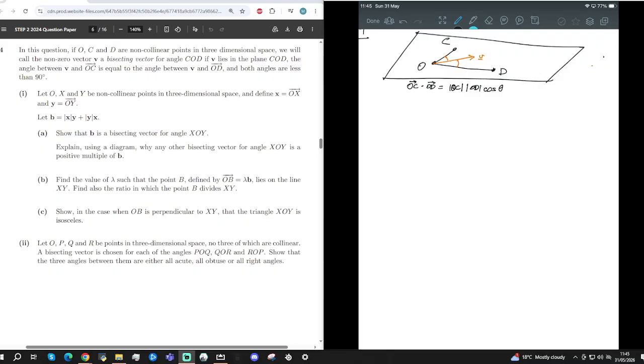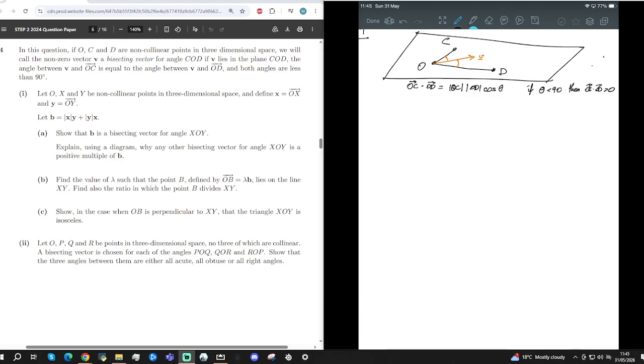And another good trick to know is, if we want this angle between these two vectors to be less than 90, then OC dotted with OD is positive.